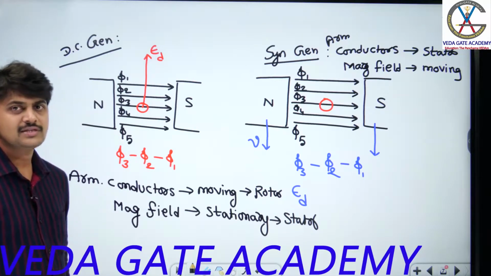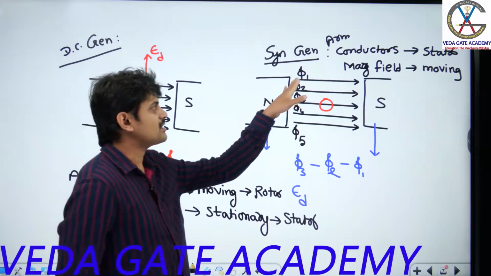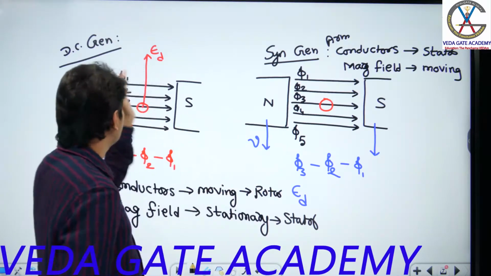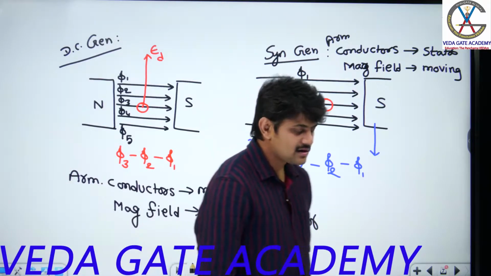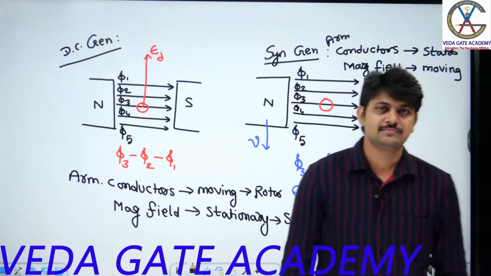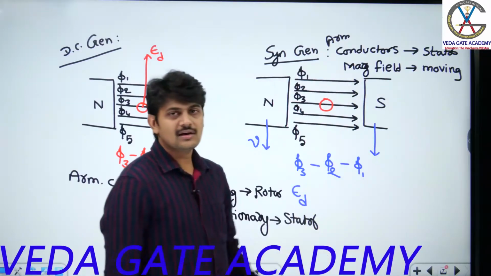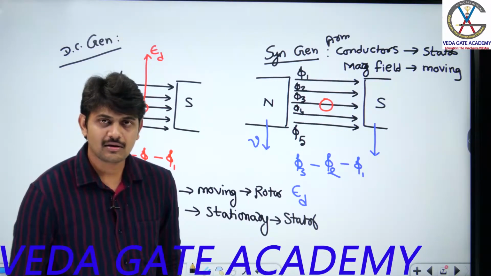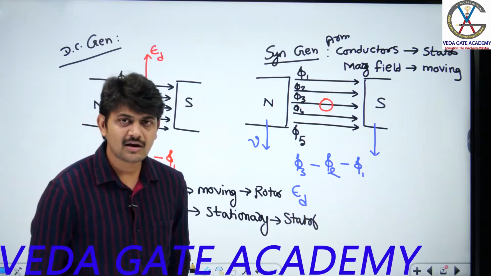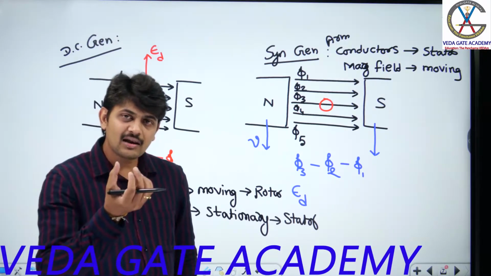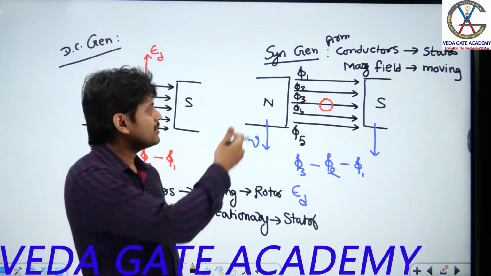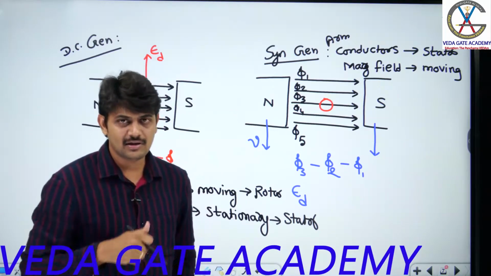Of course we can say that the synchronous generator configuration is easy compared to the DC generator configuration. Why is the synchronous generator configuration easy? Because here my conductors are kept on a stationary member called the stator. When the armature conductors are kept on a stationary member, collecting or supplying current from these armature conductors is very easy.